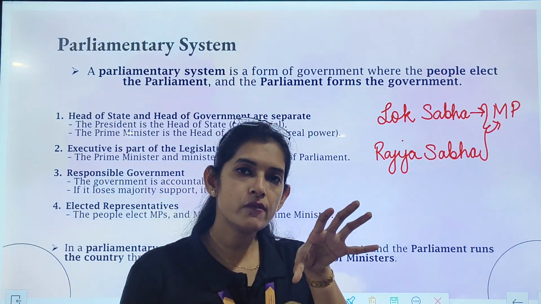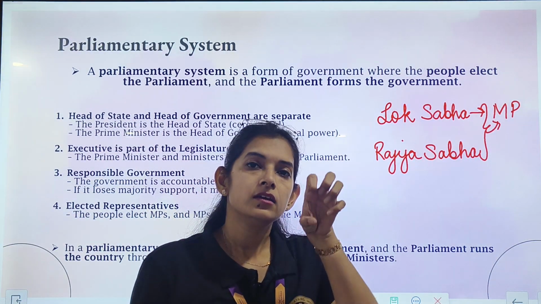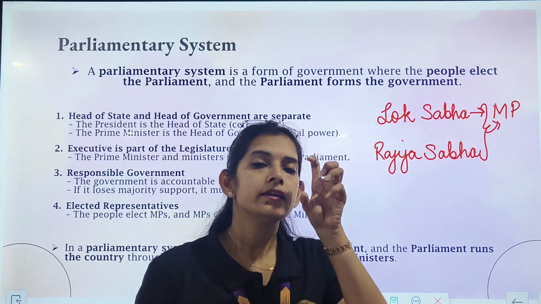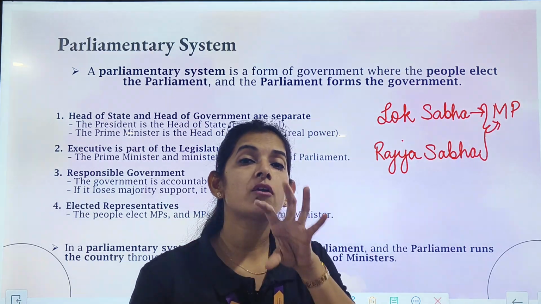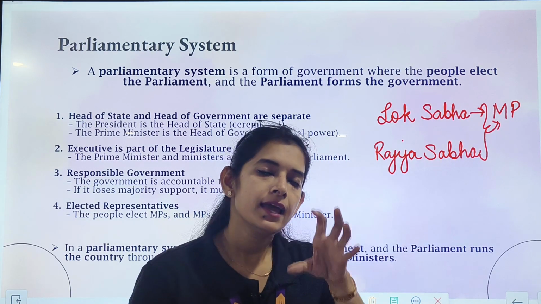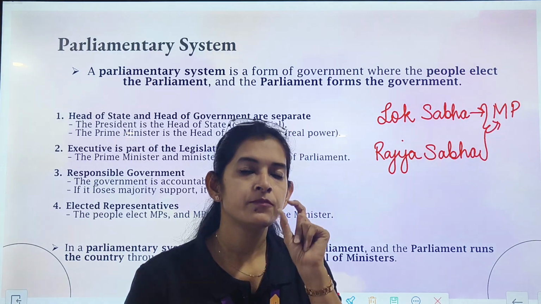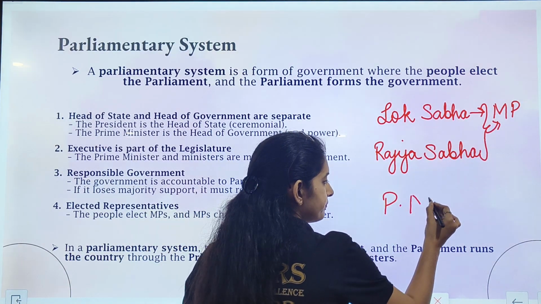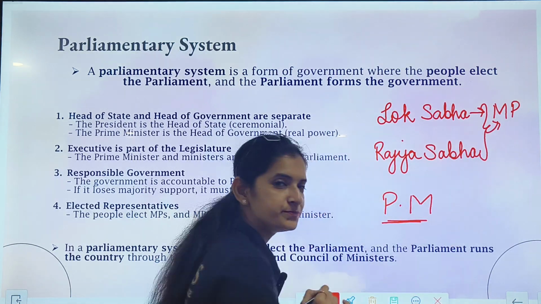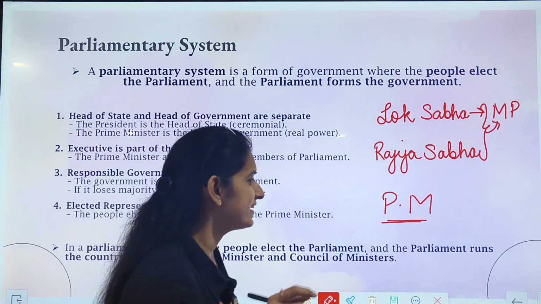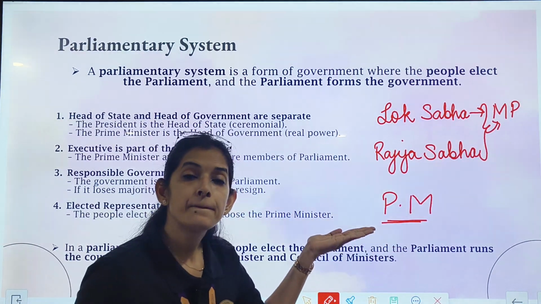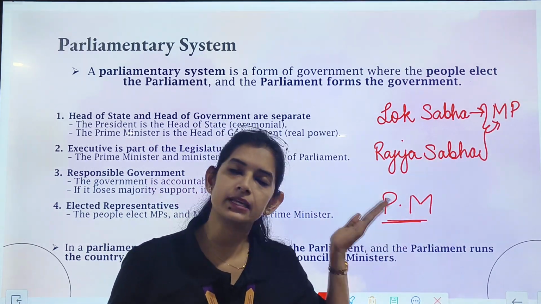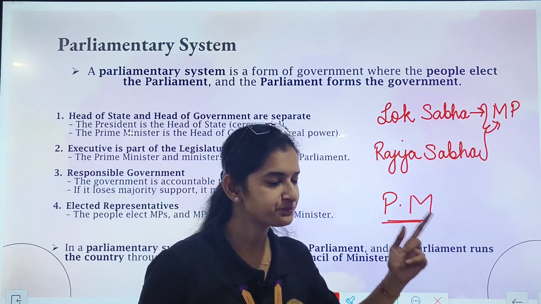Whosoever gets elected and sits in the parliament is known as a member of parliament, and the short form is MPs. The leader of all those MPs is known as the PM. Who is the PM of India? Exactly, Narendra Modi ji is the PM of India. Clear? He belongs to the majority party. Clear till here, my dear?